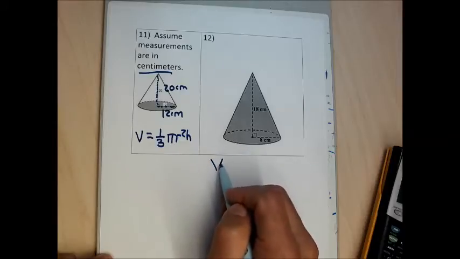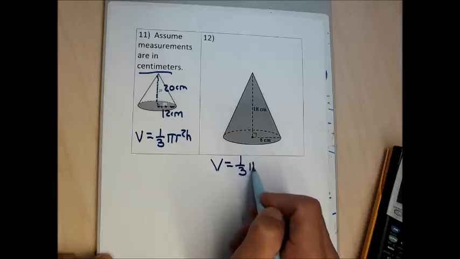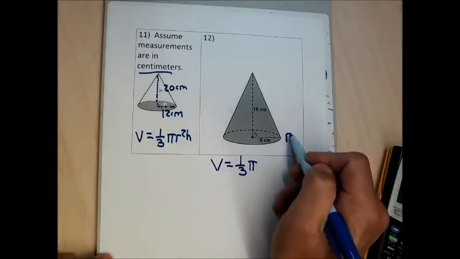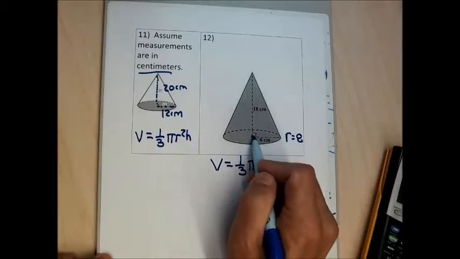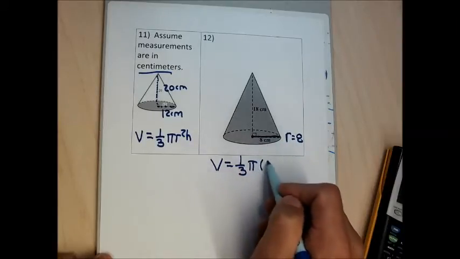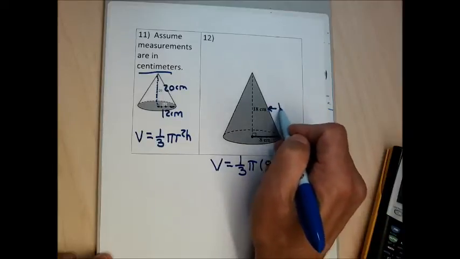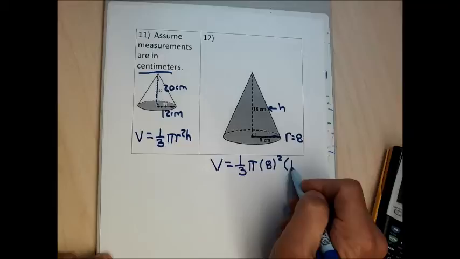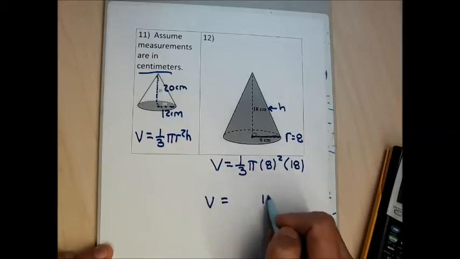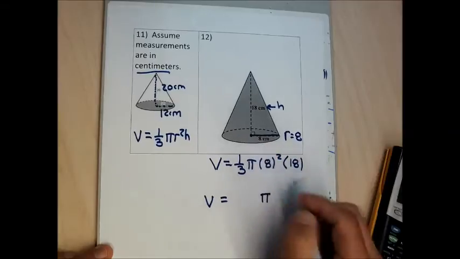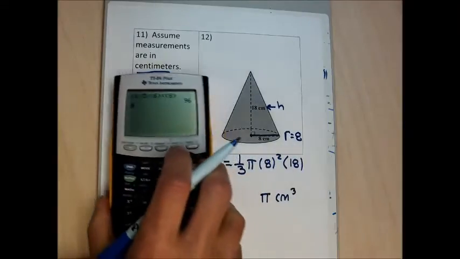So I'm going to go volume equals 1/3 pi. In for my r, I'm going to take the radius part of this, which is in the circular base. My radius is going to be 8 centimeters, and I need the height. When I go to do my answer, I'm going to leave the pi in my answer. My units are going to be cubic centimeters, and then I'm going to try to get this number nailed down.